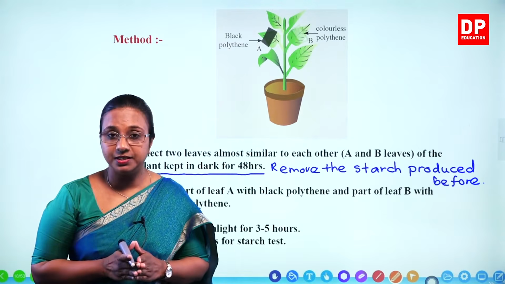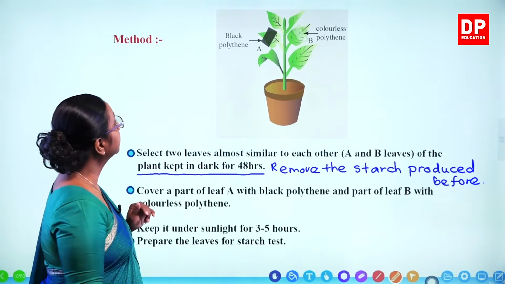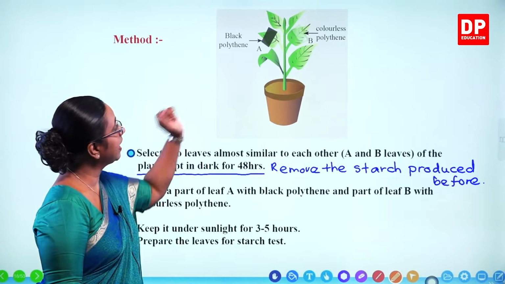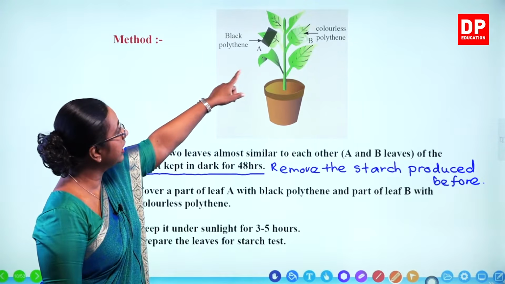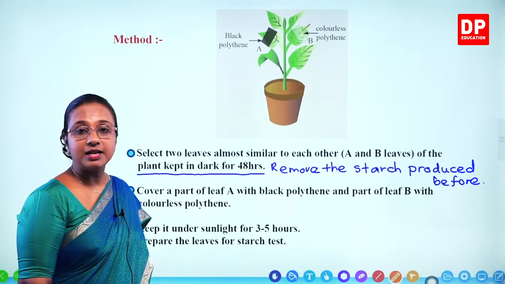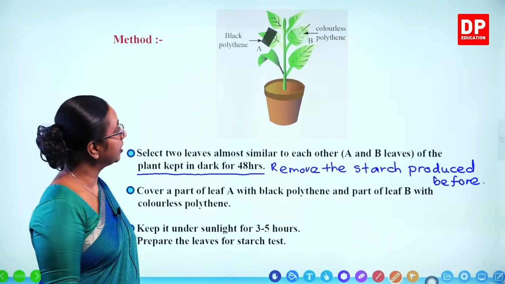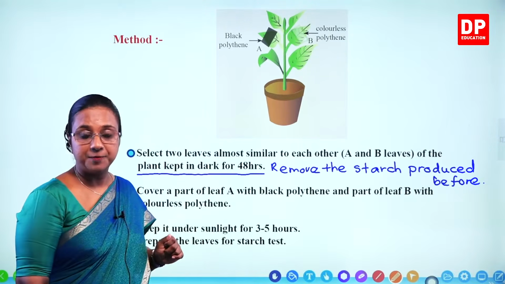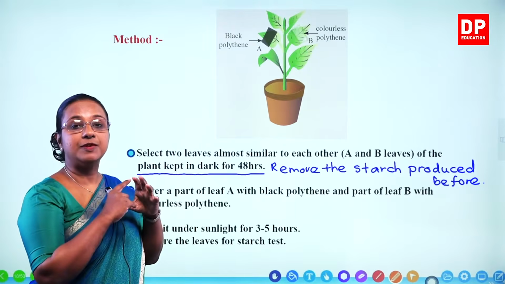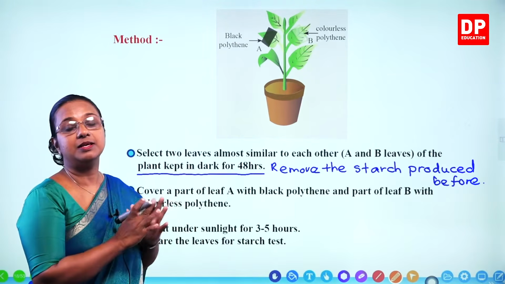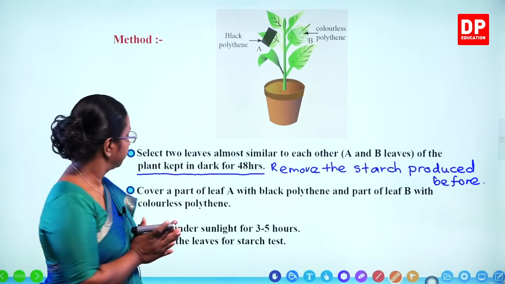the activity. Then we cover the two leaves, one with black polythene, that is leaf A, and the other one with colorless or transparent polythene, that is leaf B, in order to make sure that we provide all the similar factors.